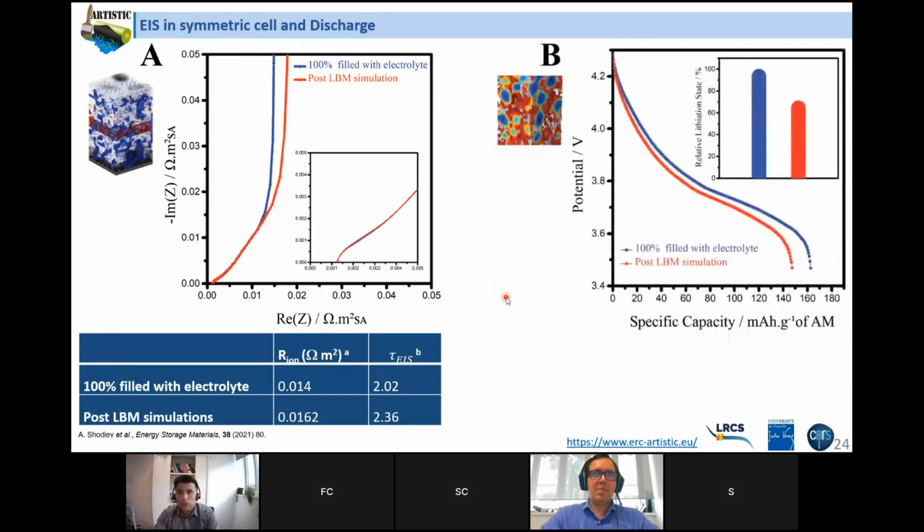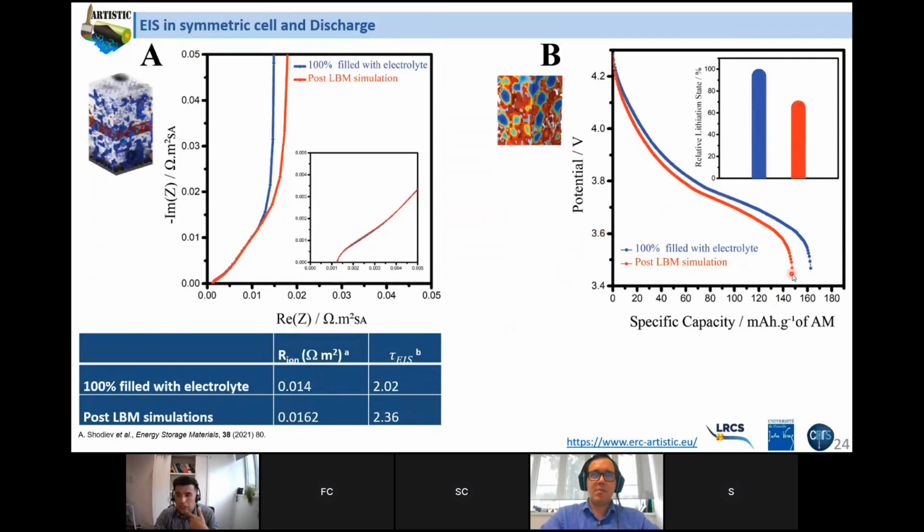Further, we ran a discharge model to see how this affects the overall capacity we get at a 3 C rate. The peak is quite high because we should go to a somewhat high C rate in order to see the effect of ionic resistance.